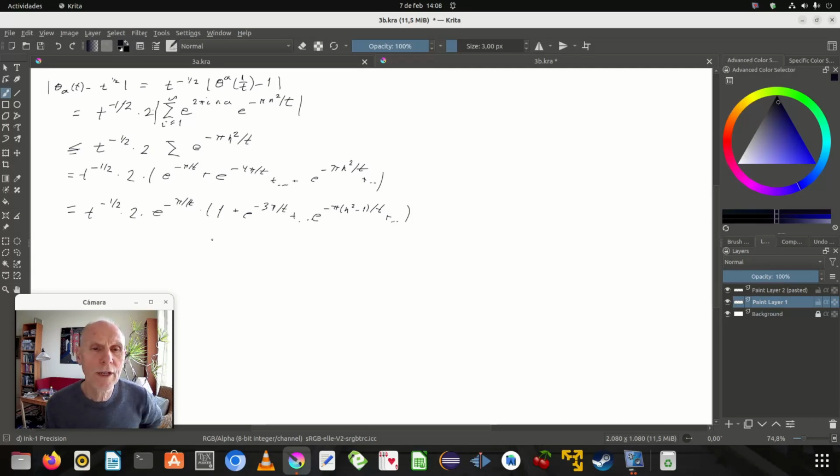And then in the book, they claim that if t is so small that this is less than 1/2, then this becomes smaller than 1 plus 1/2 plus 1/4 plus, and then this should be, so here n is 2, so it should be 1/2 to the nth.